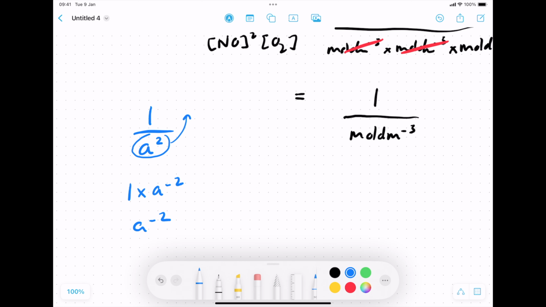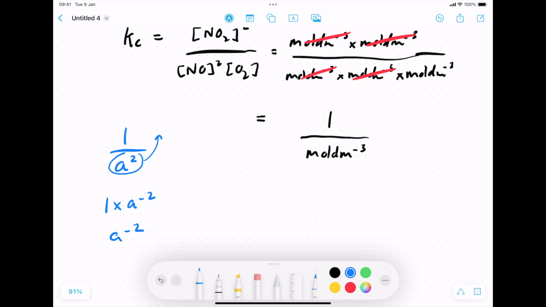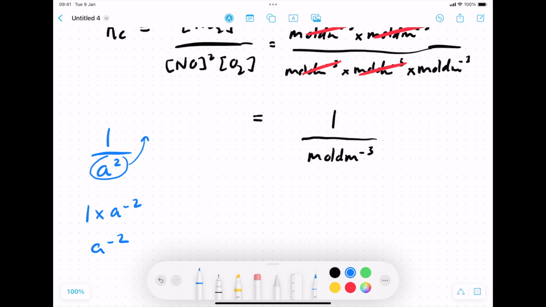The reason I mention this is because I have to apply that to the units on the bottom. So we have the moles part, and separately we have the dm part as well. What you've got to remember is there's actually a 1 there. If I put it in blue just to make that stand out, there's actually a 1 there. So moles to the power of 1. When things are to the power of 1, you often just leave the 1 out, but technically it is there.